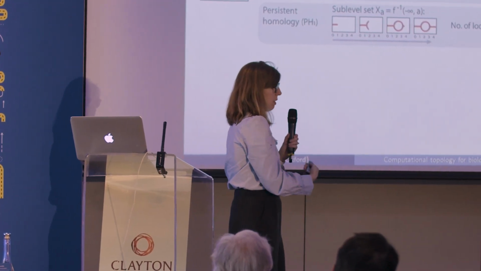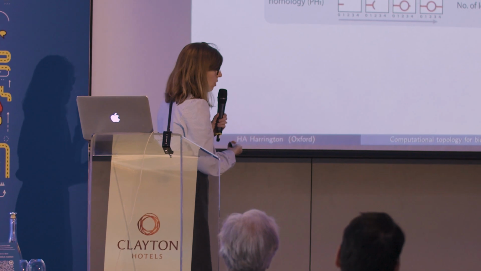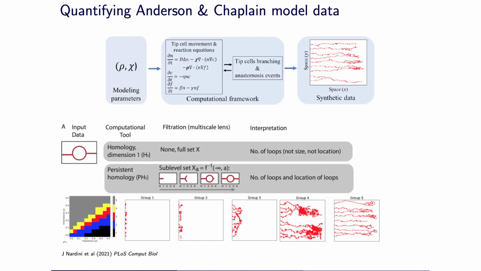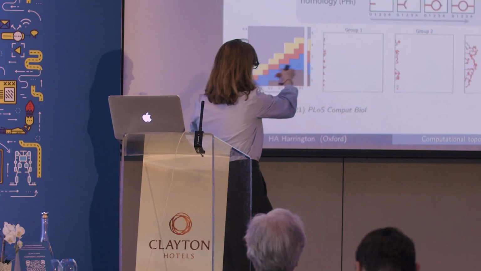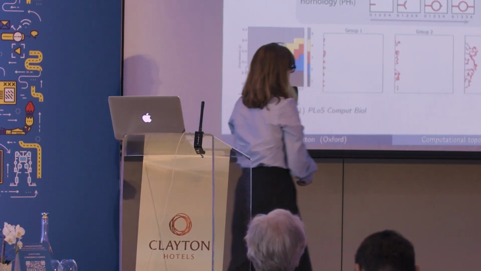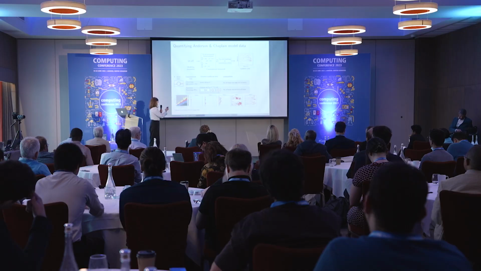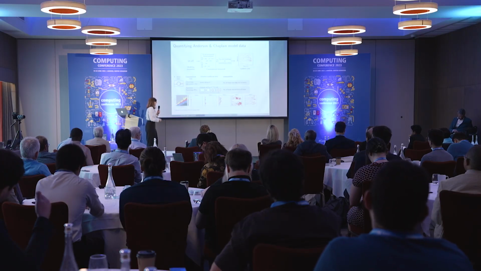So we had one of the first applications of building on this in what's called extended persistent homology, where we can then group according to the topological features in our parameter space along the x and the y, and then here are representatives of each of those clusters. So you can see that the groupings definitely distinguish different dynamic processes.